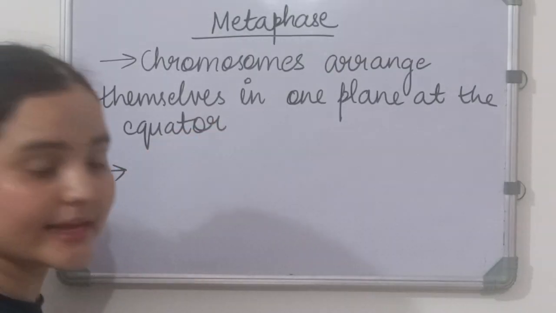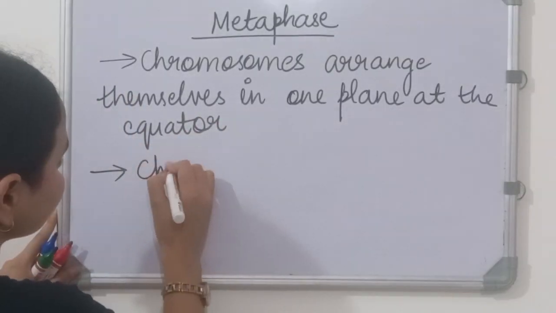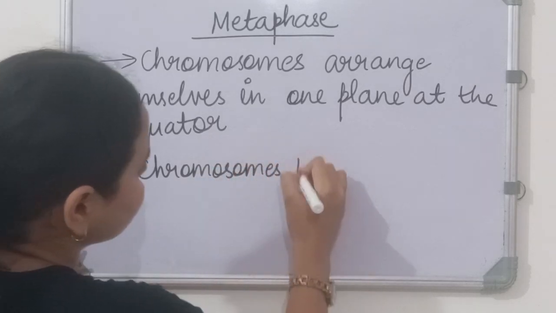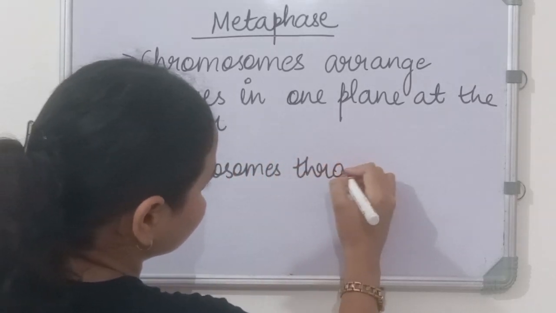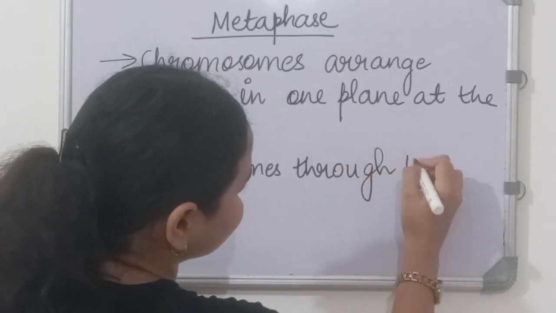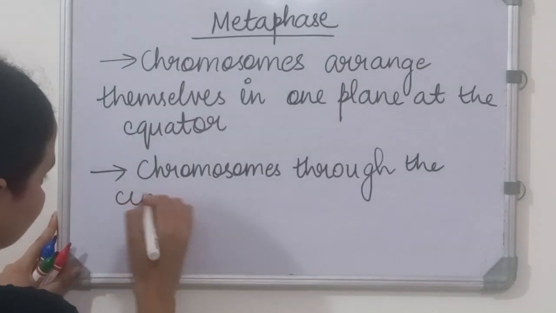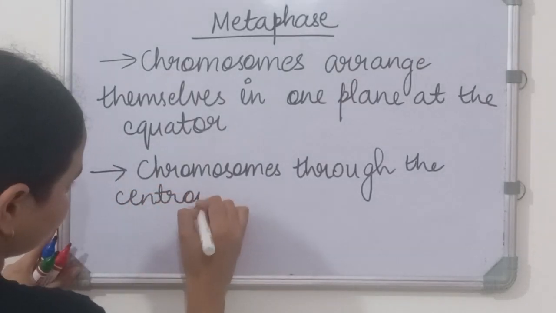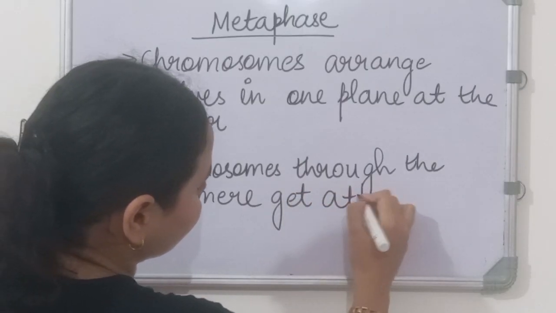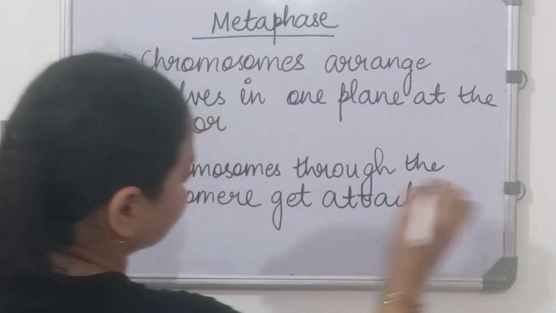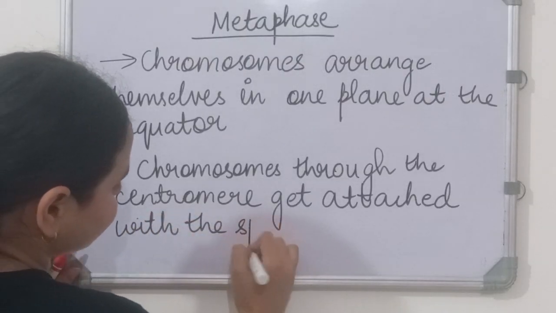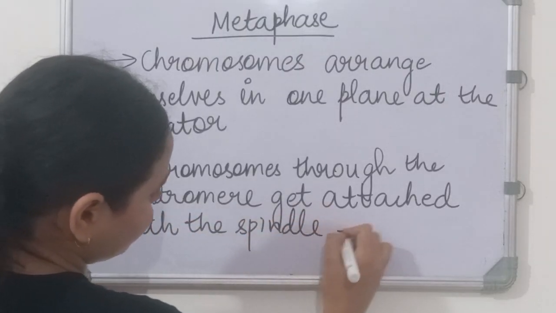Now next point is chromosomes, through the centromere, get attached with the spindle fibers.